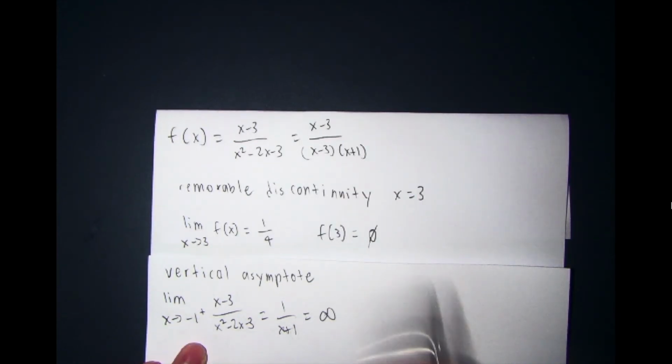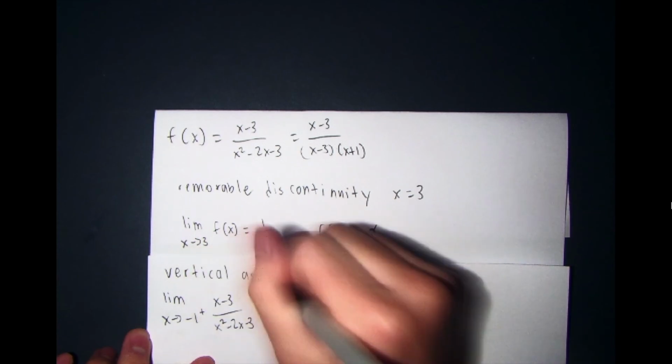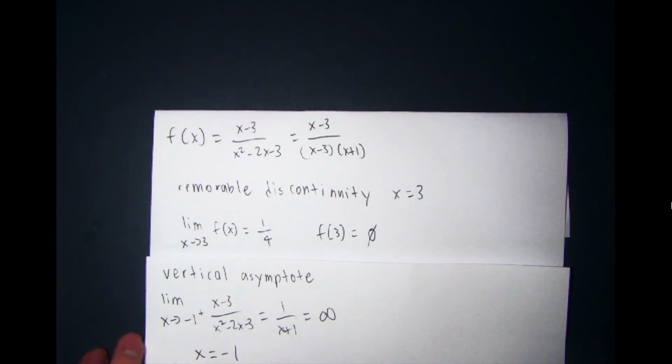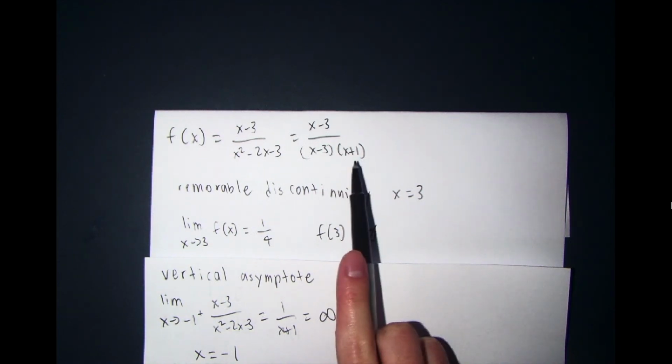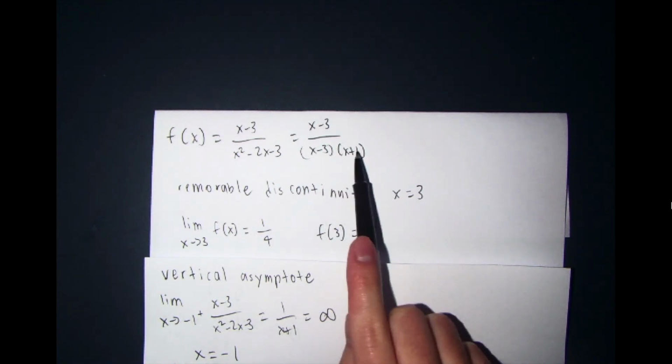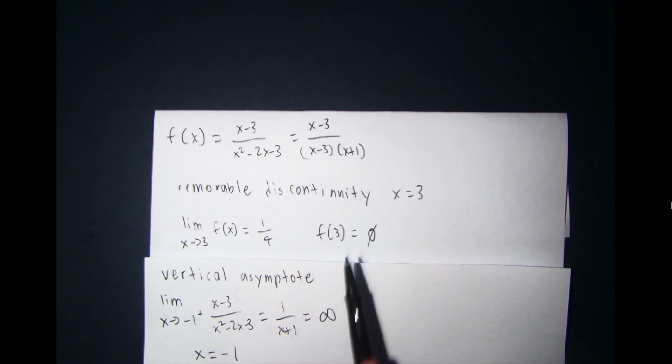So because it goes to infinity as x approaches -1 plus, we say that there is a vertical asymptote at x equals -1. And the reason why I knew to choose the value -1 is because usually vertical asymptotes occur when the denominator of the function is equal to 0. So if you look up here, because we have an x plus 1, if we were to plug in -1, this would cause the denominator to be overall equal to 0.